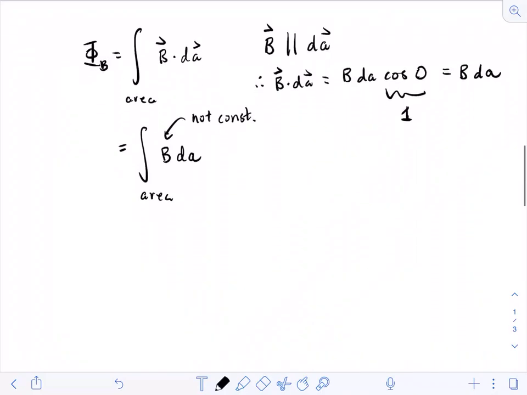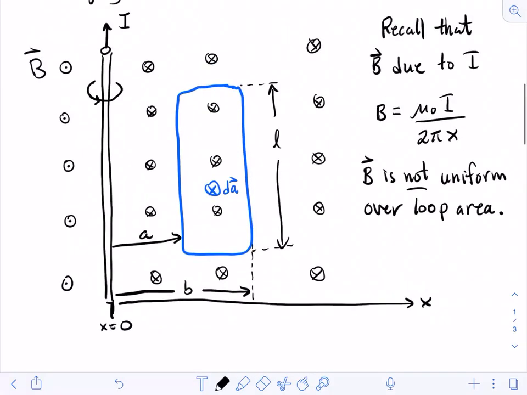Okay, so what I want to do is go back to this picture and try to calculate the magnetic flux, not through the whole loop area, but of just a little section of our loop. So we're going to take a thin strip. And we'll say that that strip is a distance x away from the wire.